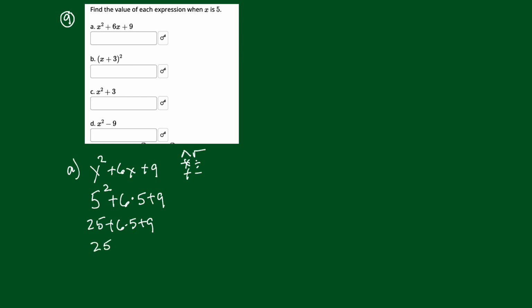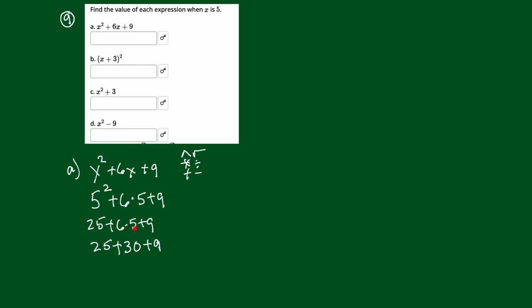So 25. Now, let's go back. In this expression, running left to right, we have a multiplication. So I'll do the multiplication first. So I'm going to get 30 plus 9. Okay, don't do this. Don't do 25 plus 6, getting 31, and then multiply that by 5. That's not what it says to do.